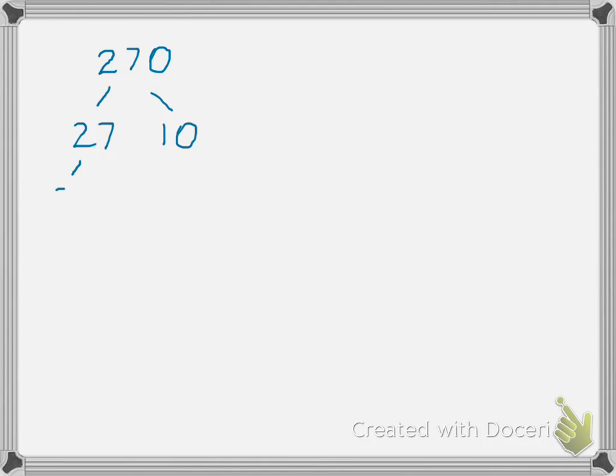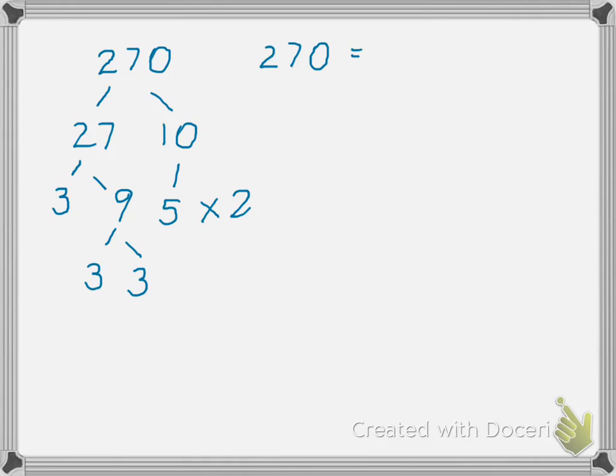And then I keep breaking the factors down until I have all prime factors. So now you can see that the prime factorization of 270 is 3 times 3 times 3 times 5 times 2.